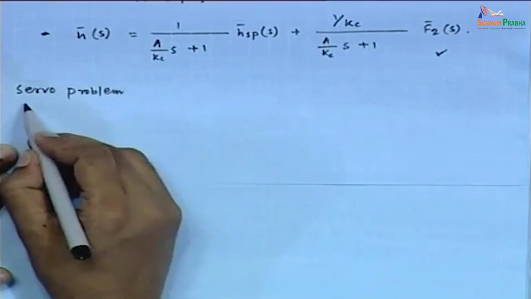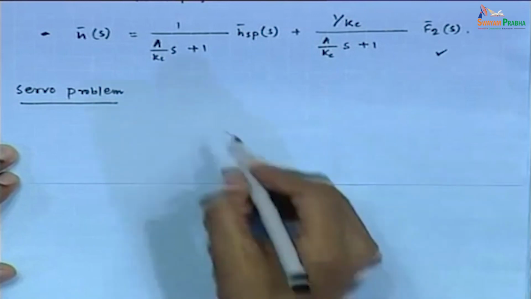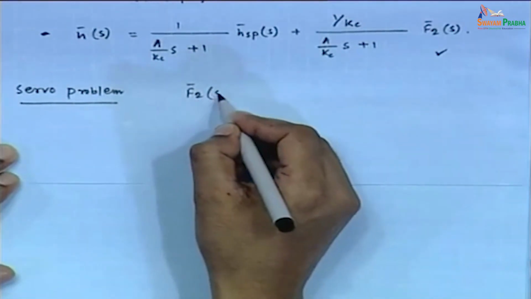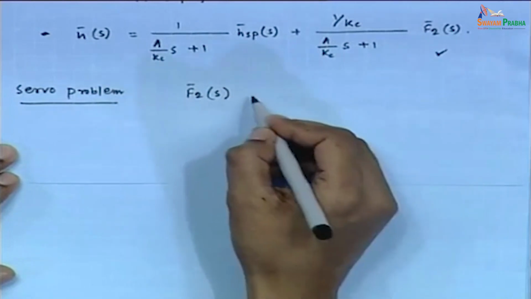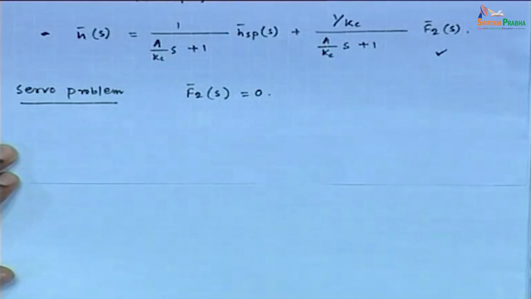So, this is the servo problem. For the servo problem we can write that F2 bar S equals 0, because there is no change of disturbance.